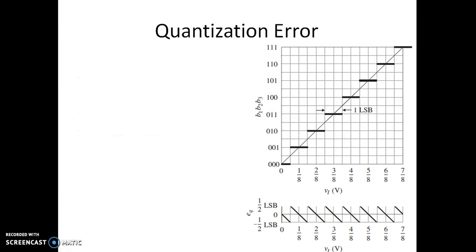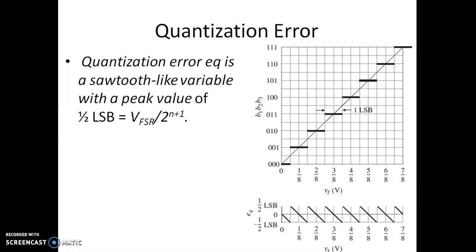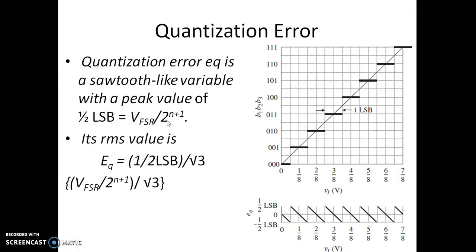Now we shall again see this quantization error. Quantization error is like a sawtooth waveform, so its peak value is half LSB, as you can see here. We know that LSB is given by VFSR divided by 2 power n. So half LSB can be written as VFSR divided by 2 power n plus 1.